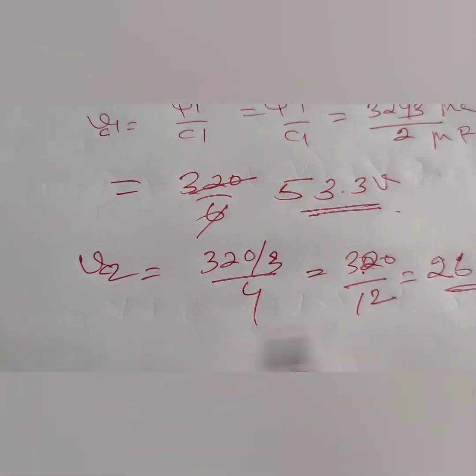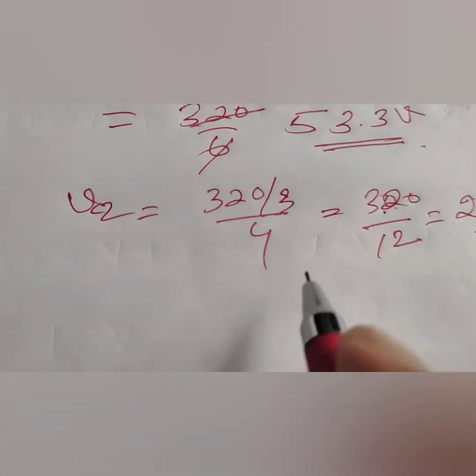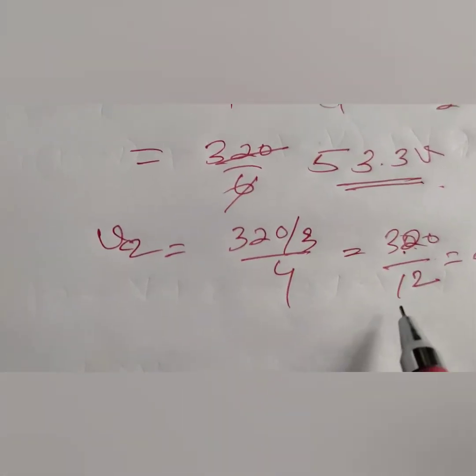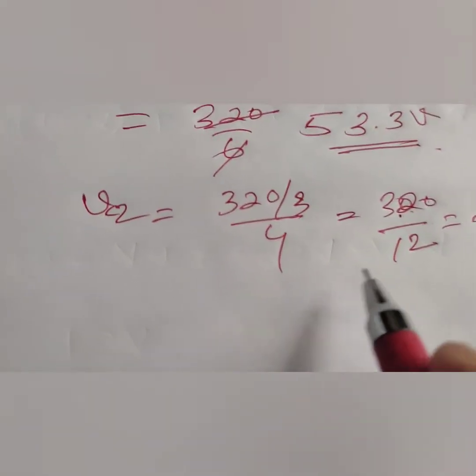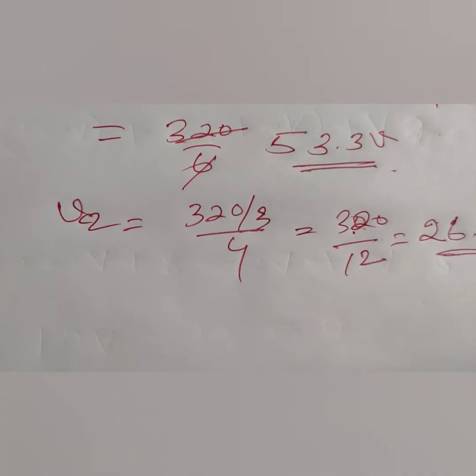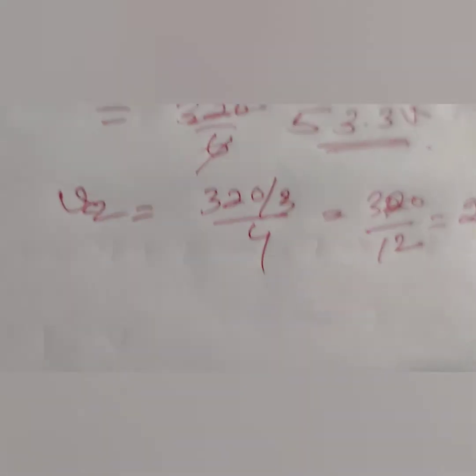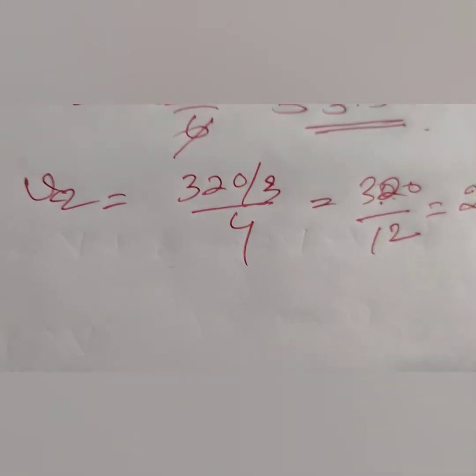So this way the voltage is distributed while the charge across the capacitors is the same. Voltage will be divided in a series circuit, but in parallel circuits, voltage will be the same.